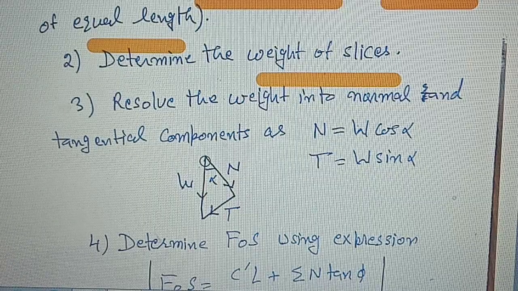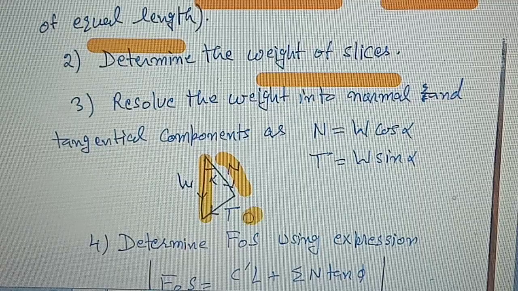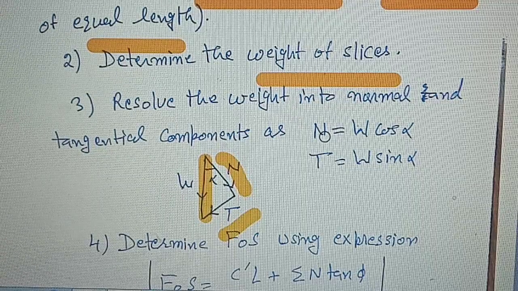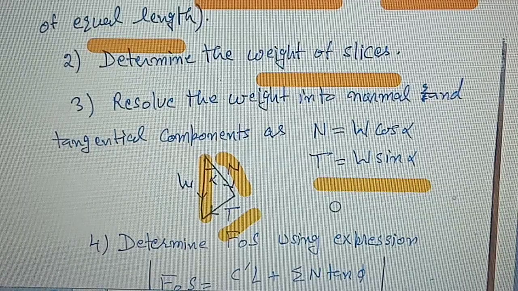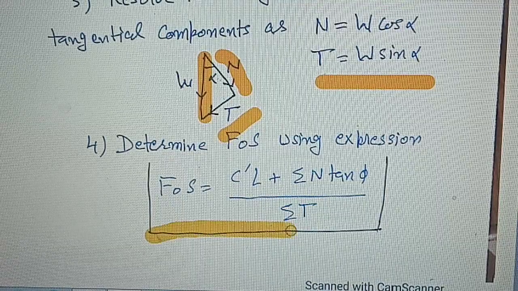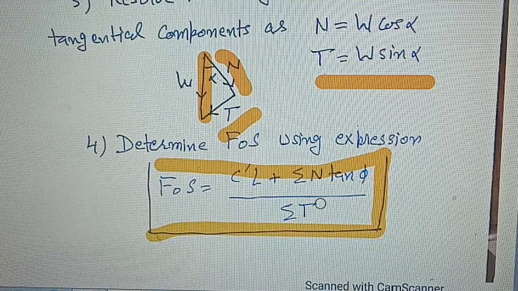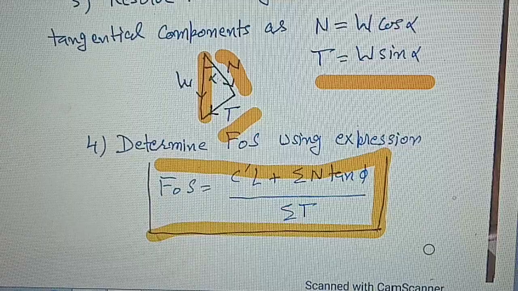As shown in this figure, there is the normal component and the tangential component, and alpha is the slip surface angle. So the value of N is W cos alpha, and the value of T is W sin alpha. Then determine the factor of safety using the expression C dash L plus summation of N tan phi, divided by summation of T.